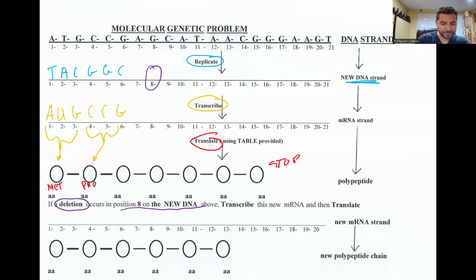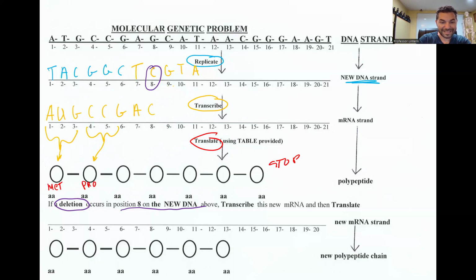So all you would do, if this was your C, your A would be a T, this would be a C, G, T, A. When you transcribe that, pretend that that position 8 is not there. It's like if you're typing on a keyboard and you just deleted something, everything would slide down. So your T, right? So that'd be G. This would be A. It would just slide down.